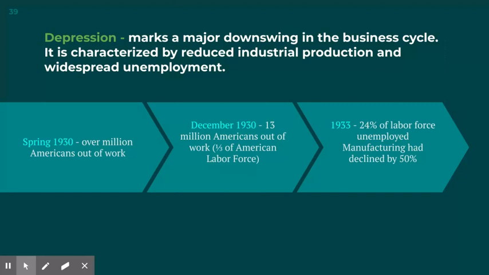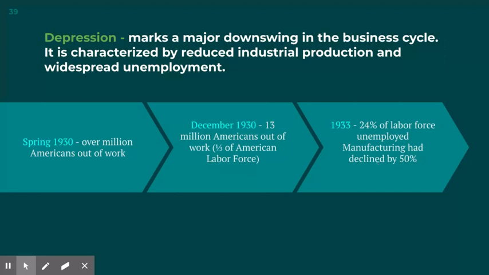I think the most important part would be to write down here, 1933. But let me go over this. By the spring of 1930, over a million Americans were out of work. By that December, 13 million Americans were out of work. That was 1/3 of the American labor force. And then, as we saw, the important part to probably write down into your notes is by 1933, 24% of the labor force was unemployed, and manufacturing in factories had decreased by 50%.